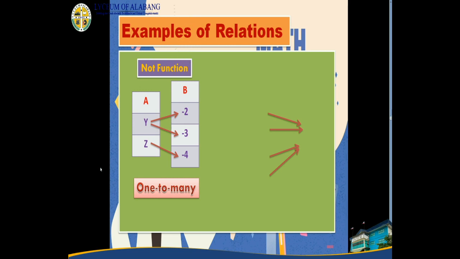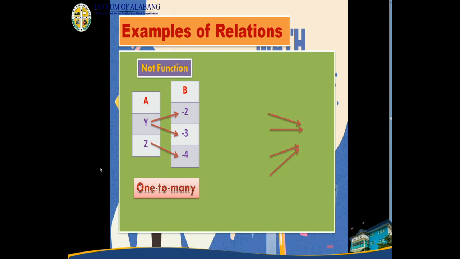If you think diagram 3 was bad, this is worse. A single element in the domain is being paired with two elements in the range. Remember, if an element in the domain is being associated with more than one element in the range, the relation is automatically disqualified to be a function.